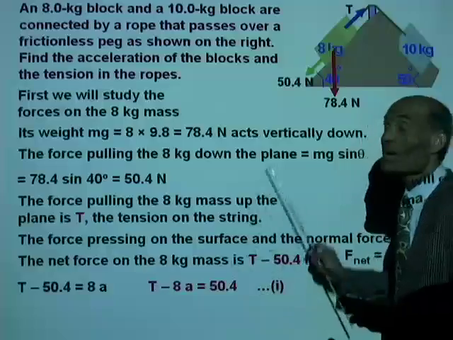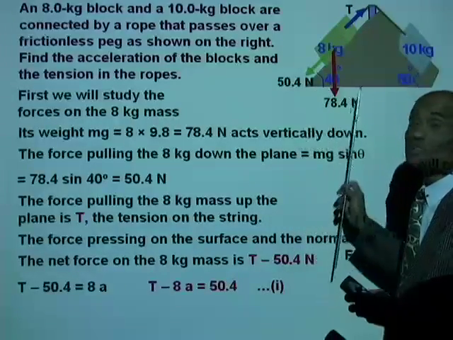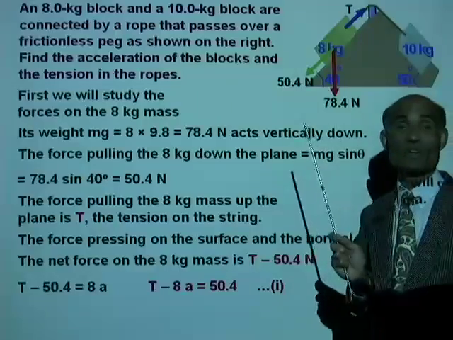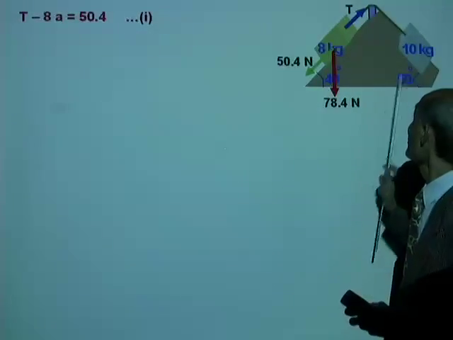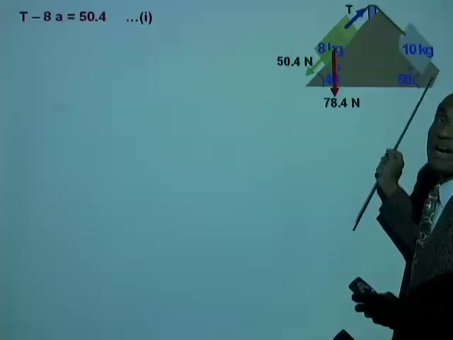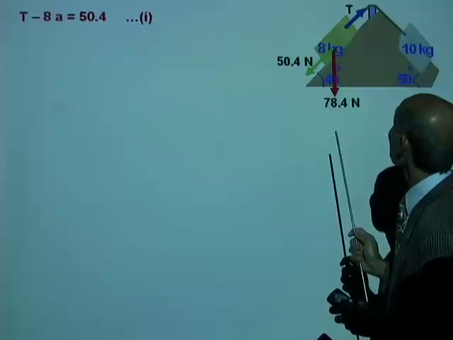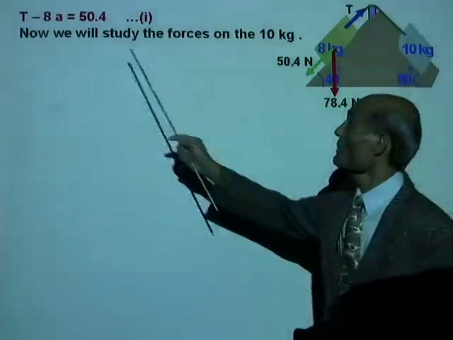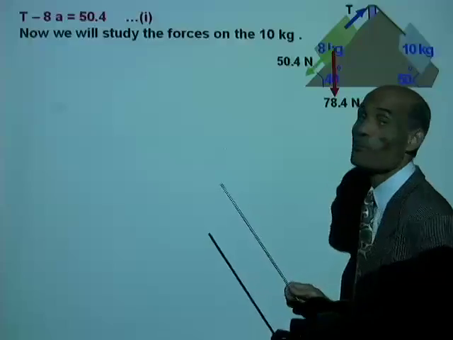We have one equation using the 8 kilogram mass, and we do the same thing for the second mass. And I'm sure you can do that on your own. You may not be able to read what I have on the screen, so you can try that on your own. Let's now study the forces on the 10 kilogram mass.